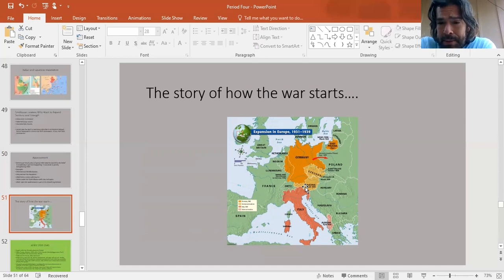Hitler is absolutely a nationalist, and he wants to unite all the German people into one state. Well, part of the Treaty of Versailles had said Germany and Austria could never, ever be united into a single state.